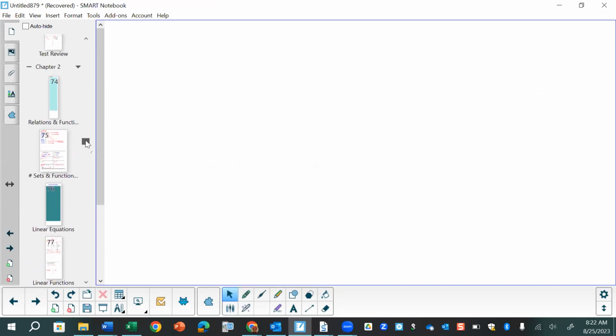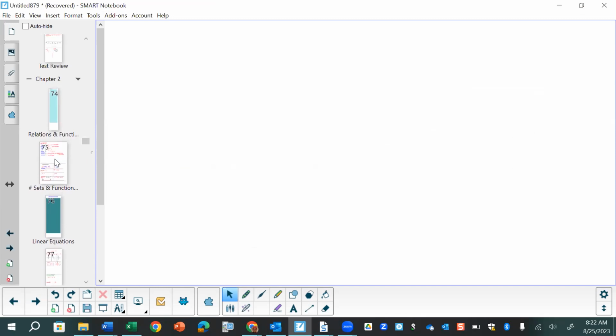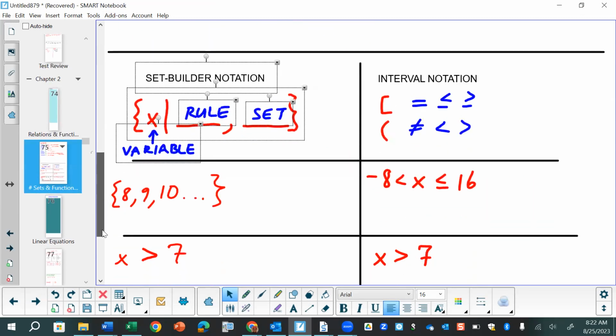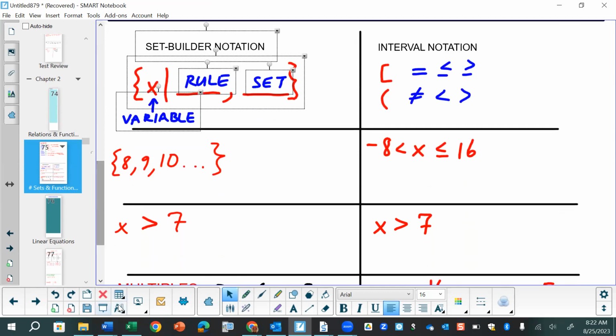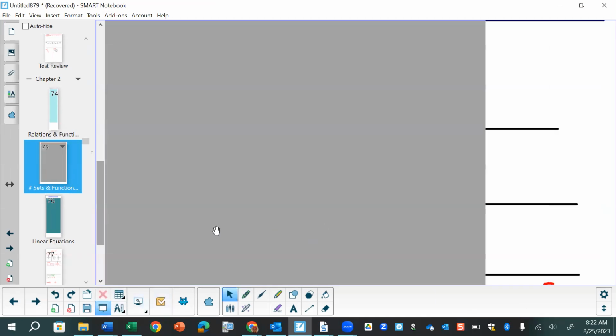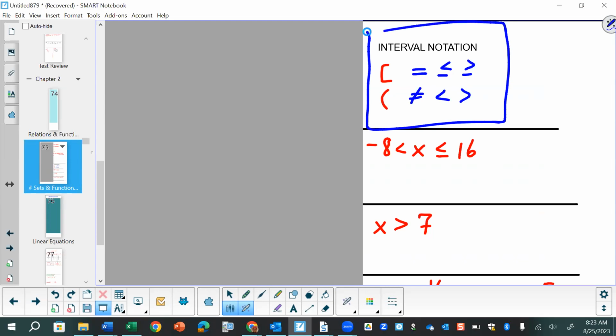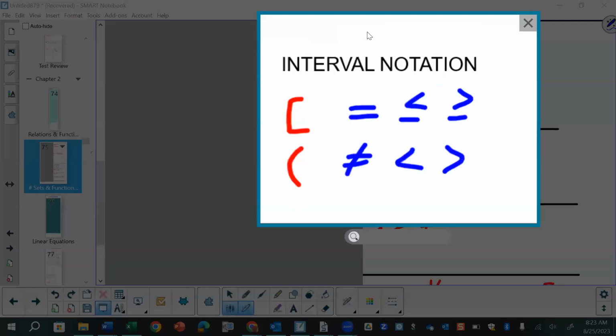Okay, let me teach you a little bit about interval notation. Write these down, top of your sheet.